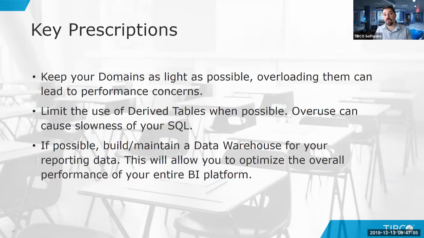Overuse can cause slowness of that generated SQL. And if possible, and this is true of anything with Jaspersoft and any reporting tool, build and maintain a data warehouse for your reporting data. It'll allow you to optimize the overall performance of the entire BI platform. It'll make things better, I promise you. It's extra work up front, but your end users will thank you for doing that, because they'll see the difference in the performance.